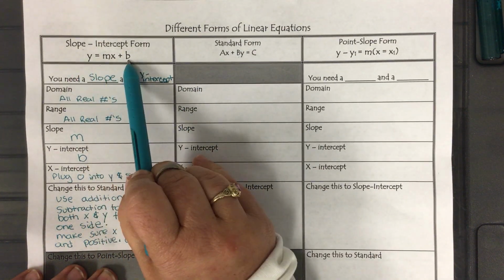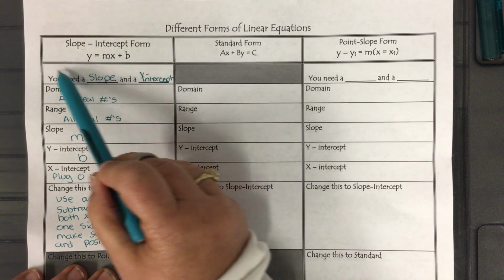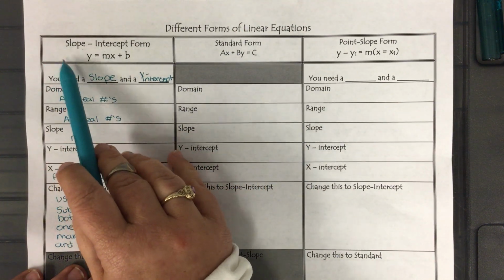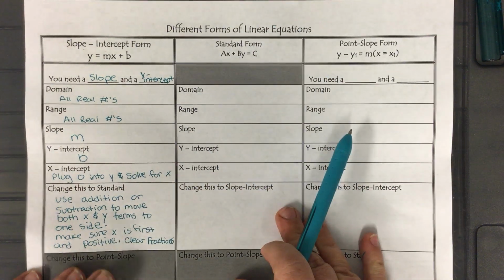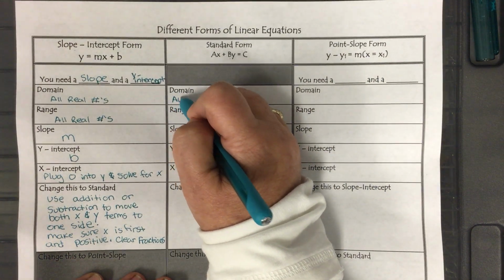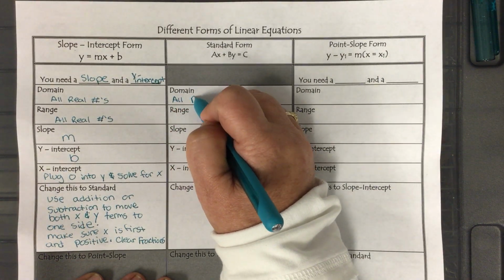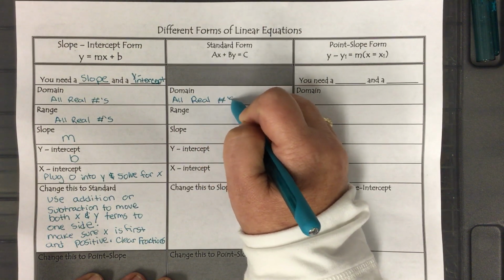So, to go from this form to standard form, you need to get the x and the y all on one side. Okay? That's how we're going to go to standard form. The domain is all real numbers.